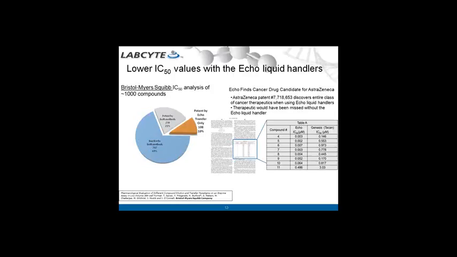I find these kinds of data most compelling because without the Echo liquid handling, not only is there a chance that the best compound could be rejected during selection because of their physical chemical properties, but in some cases, time and millions of dollars could have been spent on modifying the entire SAR around inadequate scaffolds.